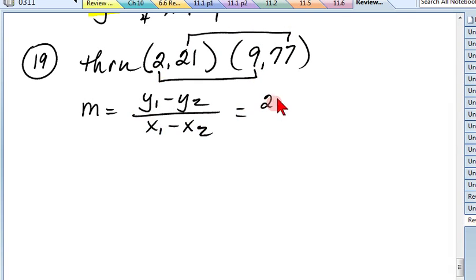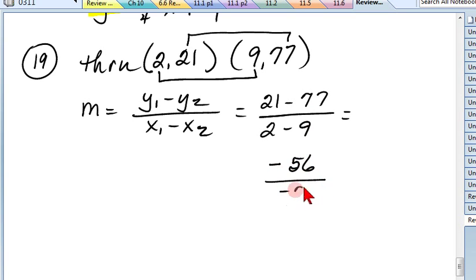So I'm going to have 21 minus 77 over 2 minus 9, which gives me the numerator will be negative 56, and the denominator is negative 7, which simplifies to the number 8.